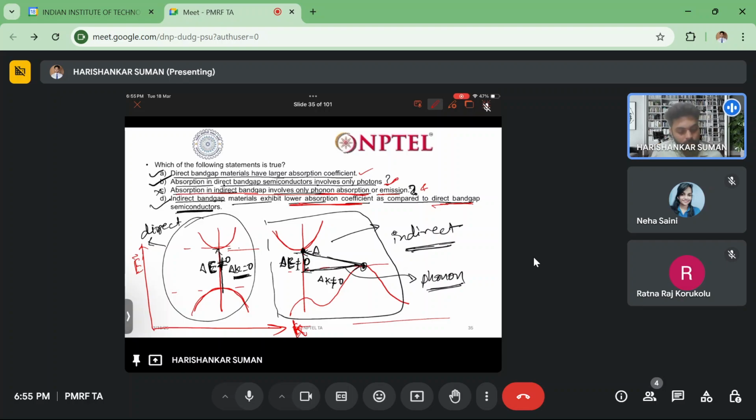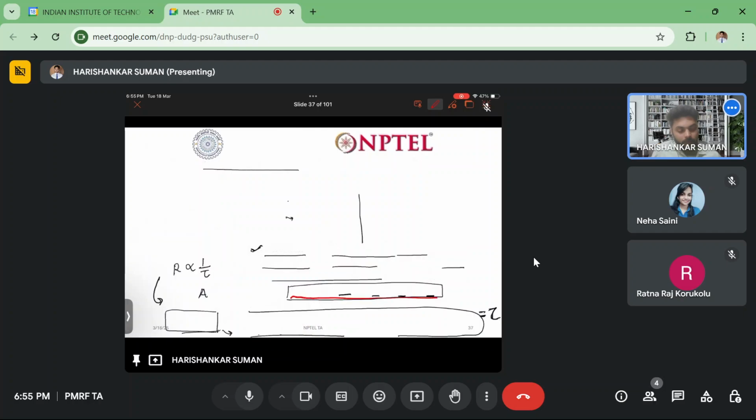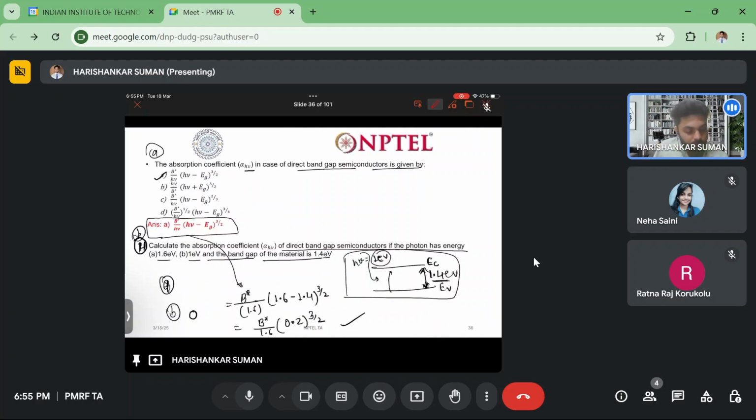Okay, so you know the mechanism of direct and indirect band gap, how the charge carrier goes from the conduction band to the valence band. Next question is the absorption coefficient in the case of a direct band gap semiconductor. This is the formula: B star is the constant, (h nu minus E g) to the power 3/2.